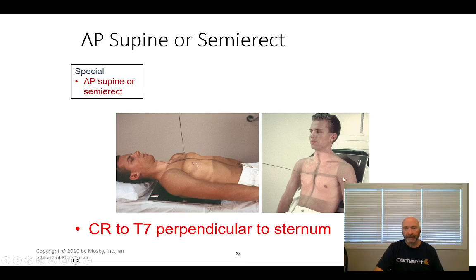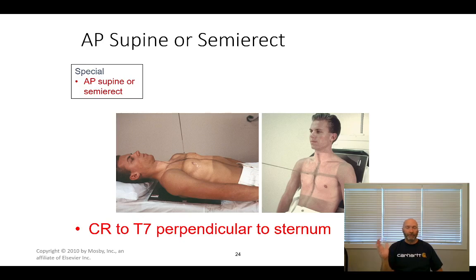So a few things about that is that this patient is semi-upright, and in being semi-upright, they refer to that as a semi-Fowler's position. So that's number one. Number two is that you want the patient to be seated upright as far as possible, but a lot of patients aren't flexible enough to do that.